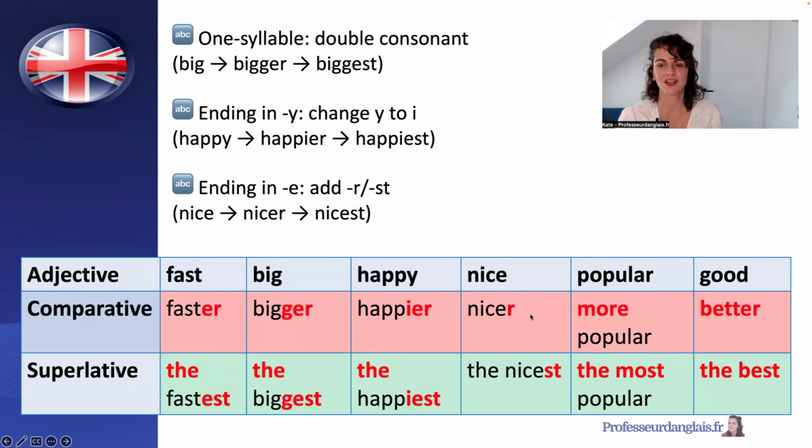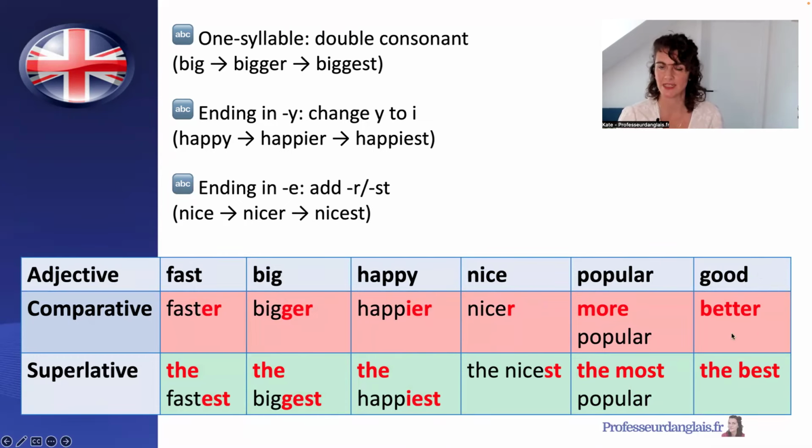Nice, nicer, the nicest. If our adjective has more than two syllables, like popular, we add more before the adjective, more popular, or in the superlative form, the most before the adjective, the most popular. And of course, we do have irregular adjectives. For example, good, better, the best.